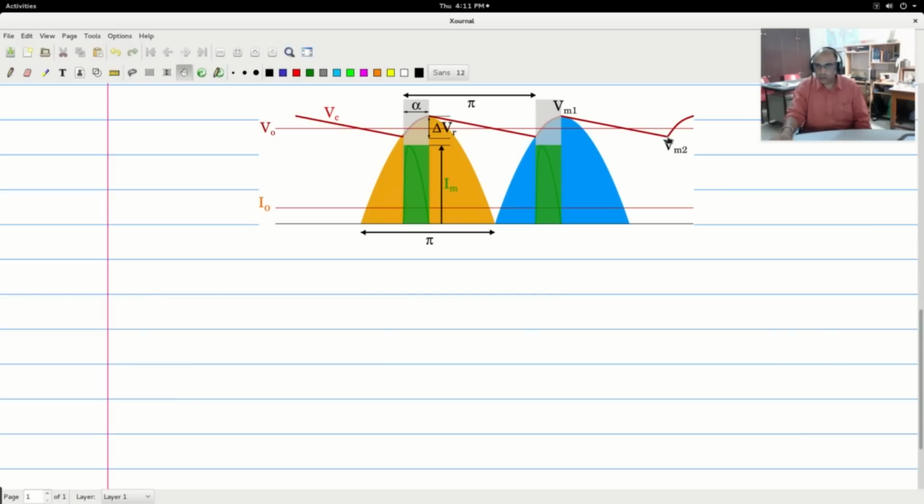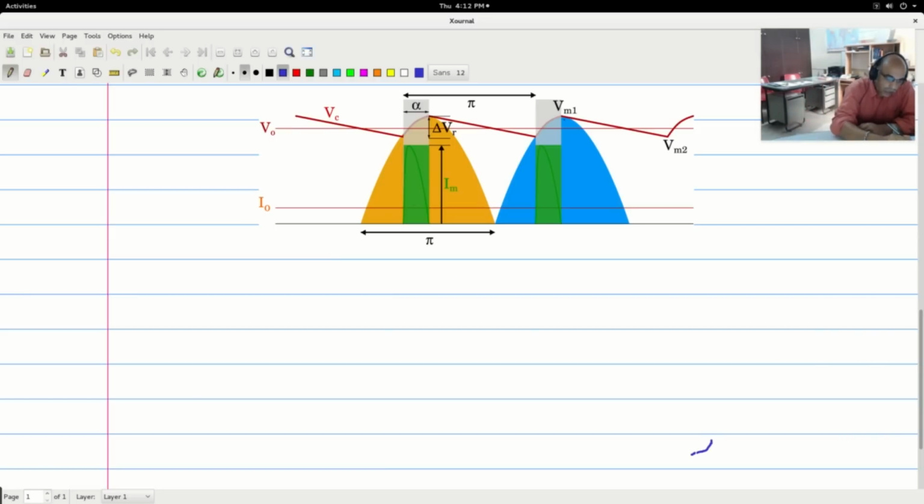So from here to here, it has discharged into the load, nowhere else, and it has reached a lower energy level of half C Vm2 square. So what has happened to all this energy lost from here to here? It has gone to the load. So that is our starting point that we will use.